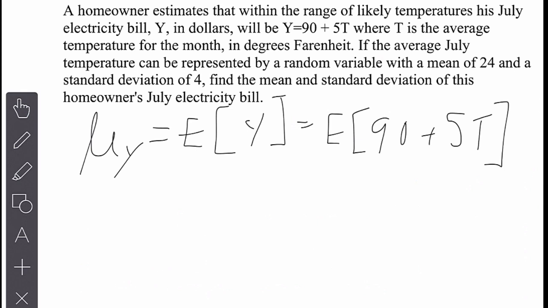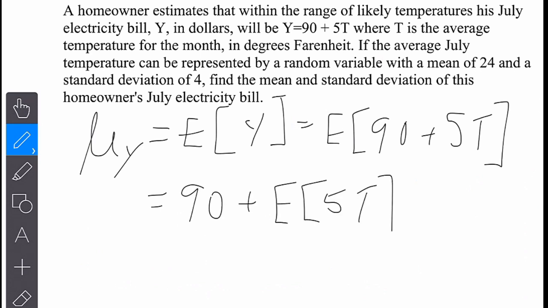About 10% is the answer. All right. So this just works out that it's 90 plus E of 5T. And we know the mean of the transformation is just 5 times the mean of T. So plug in what we know for the mean of T. Temperature has a mean of 24.